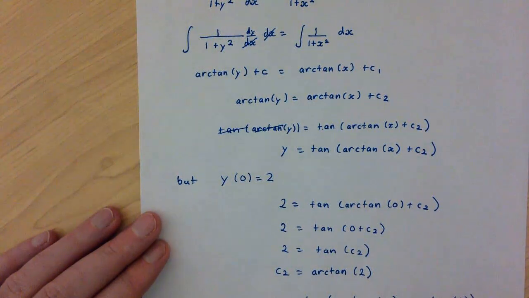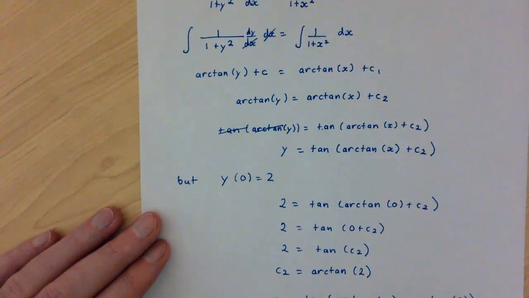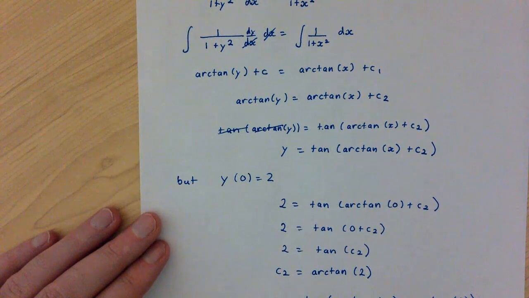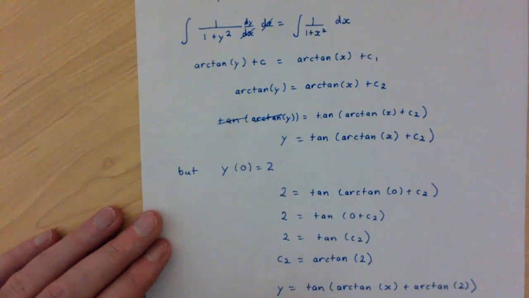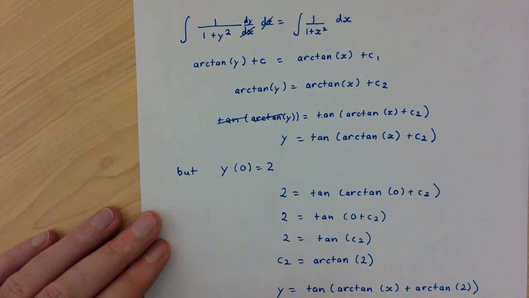Now you could just leave it like that, but there is some simplification that we can do, because we know that tan of alpha plus beta is equal to tan alpha plus tan beta all over 1 minus tan alpha times tan beta.